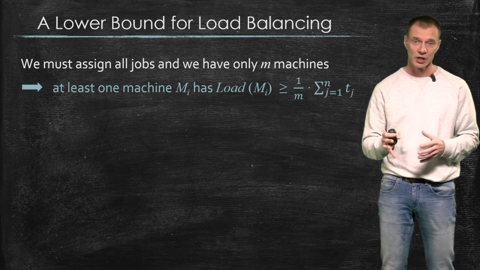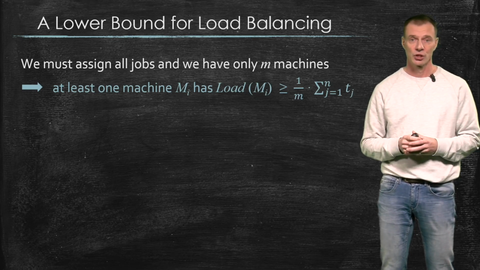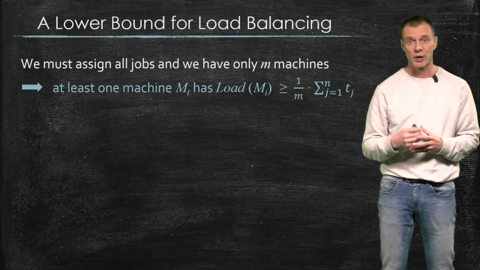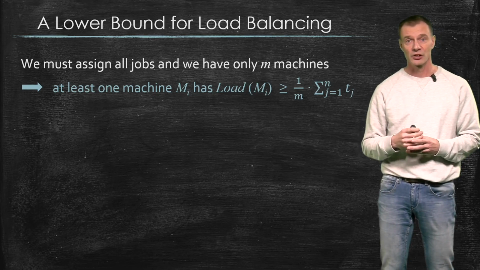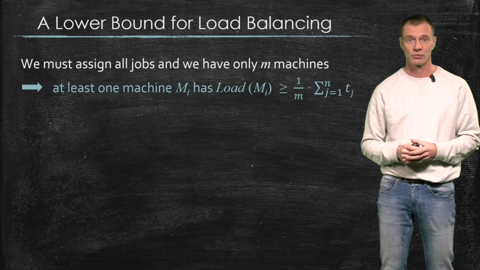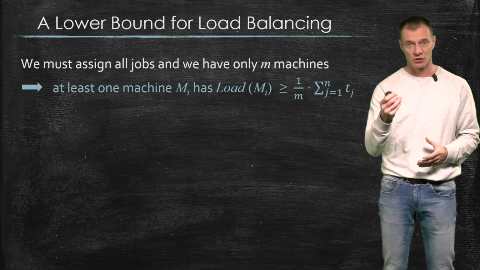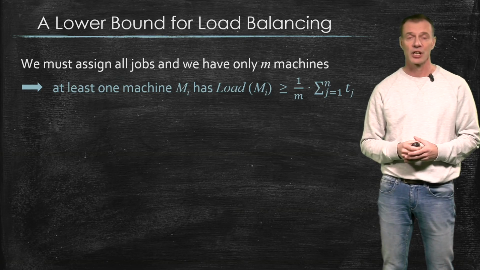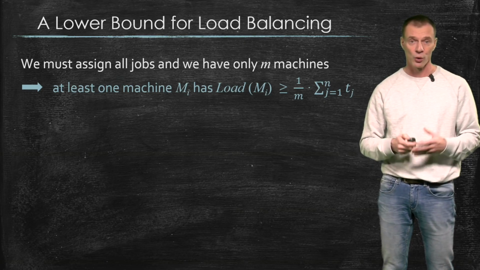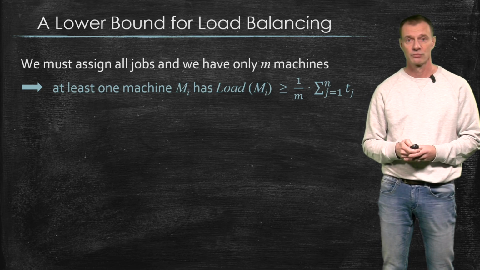And obviously, the maximum load of any of the machines, which determines the makespan, is at least the average load. Okay, so this 1 over m times this sum here is a lower bound on OPT. OPT can never be better than this.